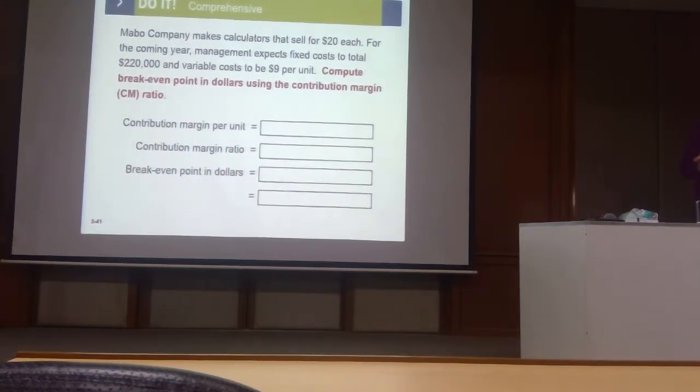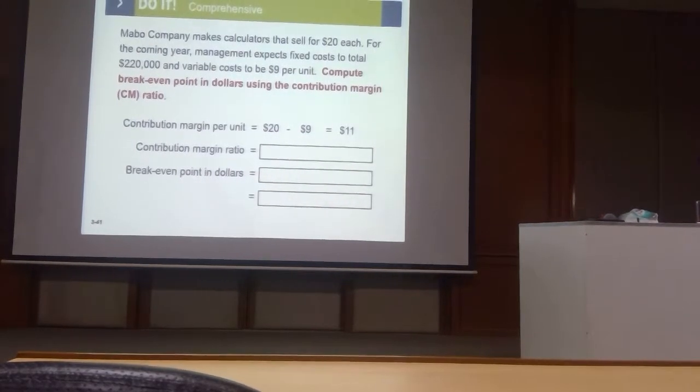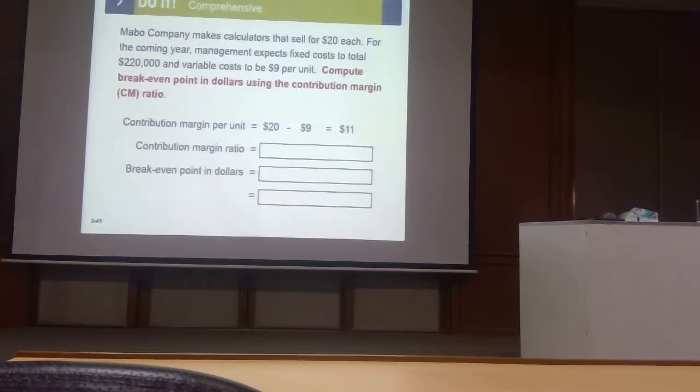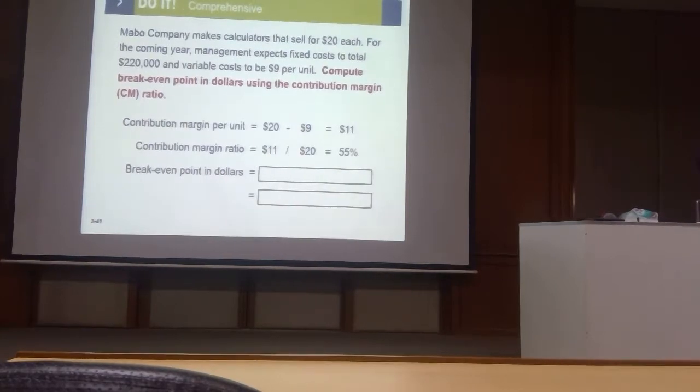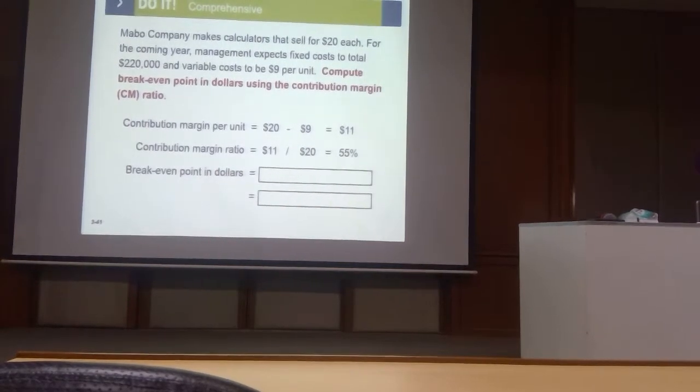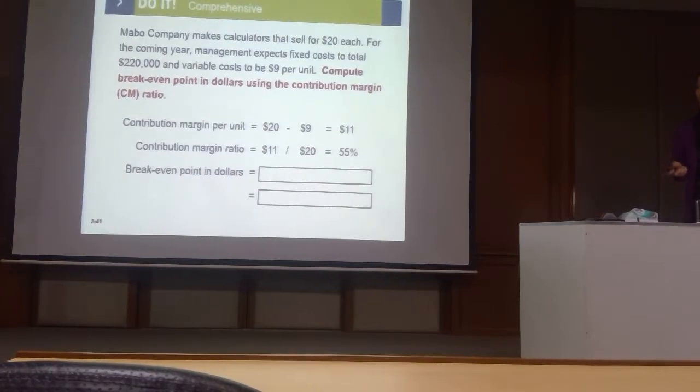This one asks you to compute the break-even point in dollars using the contribution margin ratio. From the information given, the contribution margin per unit equals 11: 20 minus 9. Each unit that you sell, you have a contribution margin of 11 to cover fixed costs and contribute to your net income, right? For the contribution margin ratio, you divide 11 by 20, so you get a contribution margin ratio of 55%. This one is quite high, right?